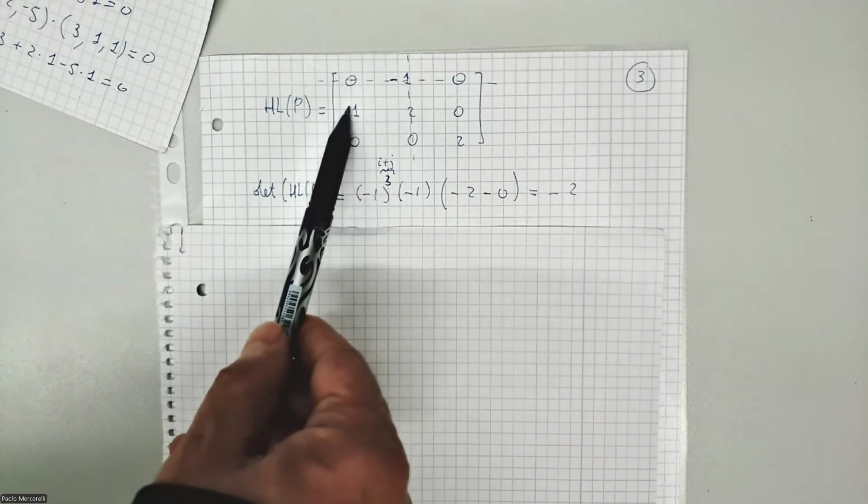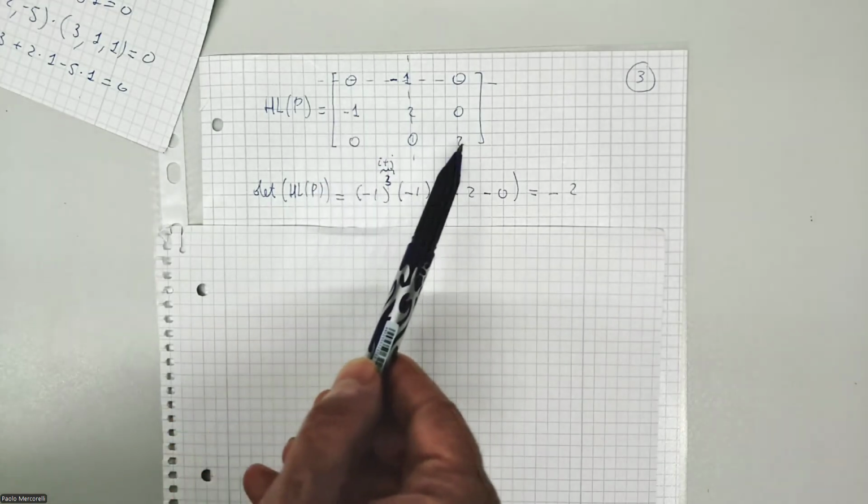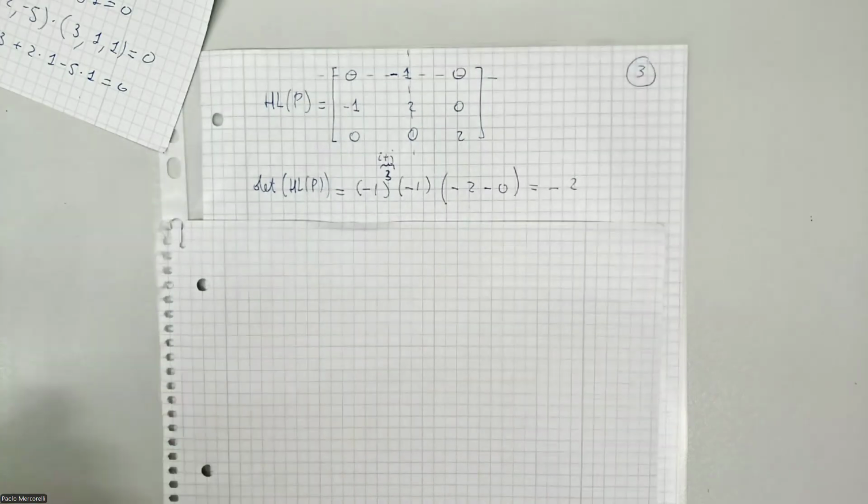You remember, we have 4 elements. 1, 2, 3, 4.